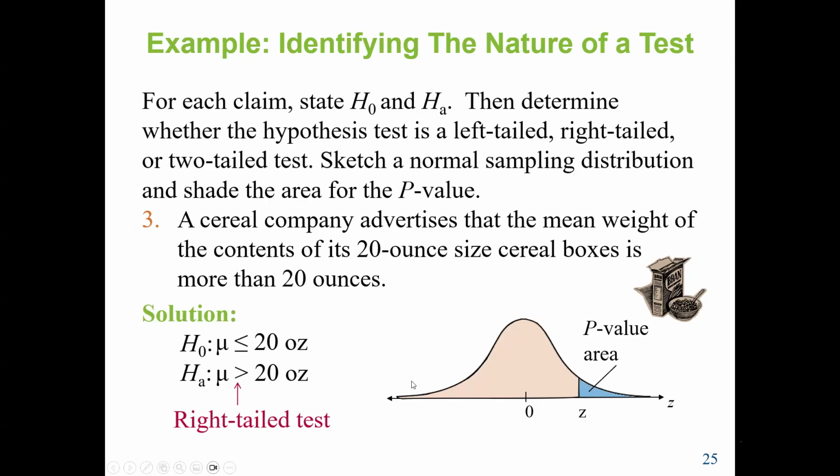So the blue area will be, we accept the HA, but normally we say fail to reject or reject H0. I mean, look, I'm saying the opposite. Again, we don't use the HA, we use H0.